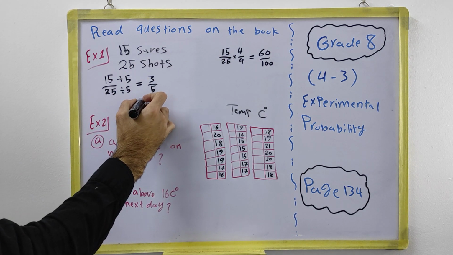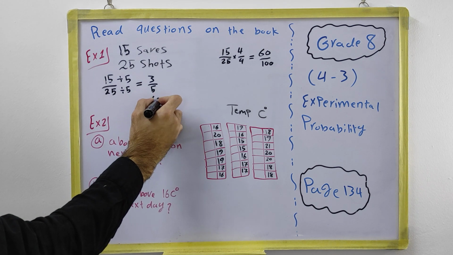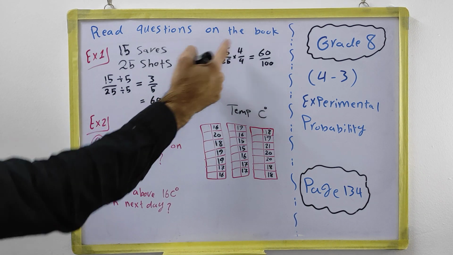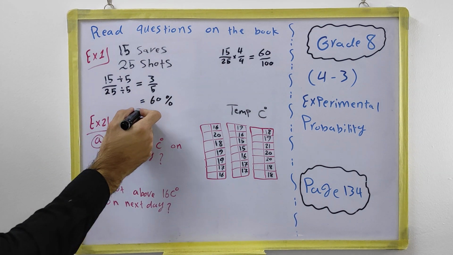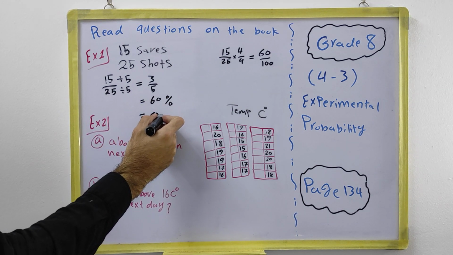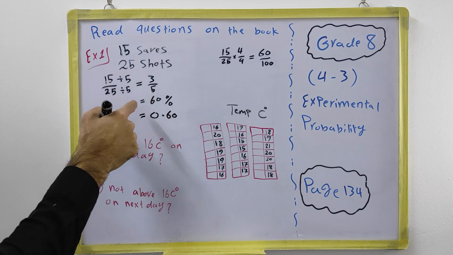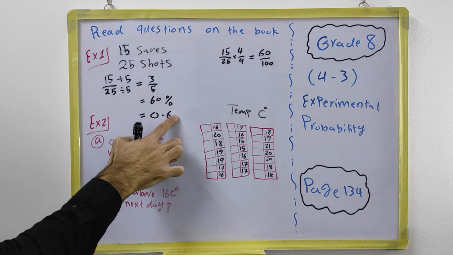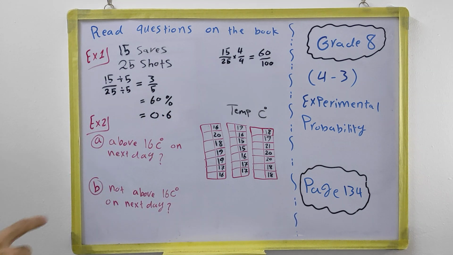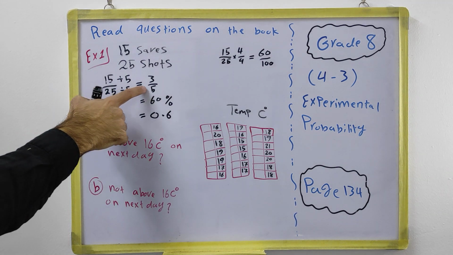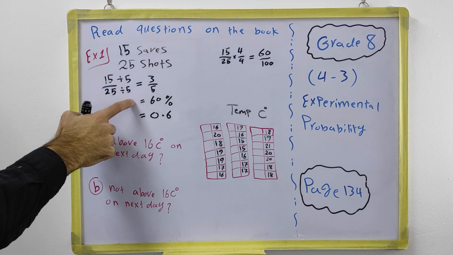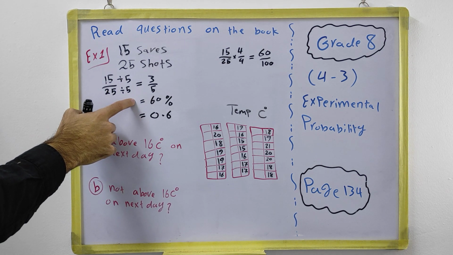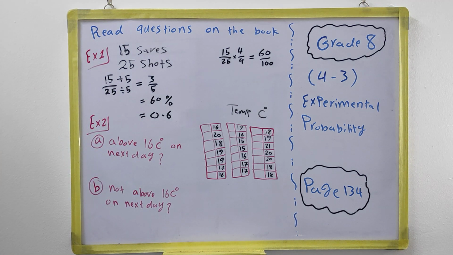So the percentage is 60% because you have 60 over 100, and as a decimal it would be 0.60, and the zero at the end we don't need, we will erase it. So the simplest fraction for the probability of saving these shots is 3 over 5, the percentage is more than half, which is 60%, and the decimal is 0.6.